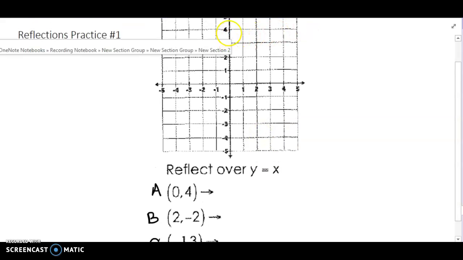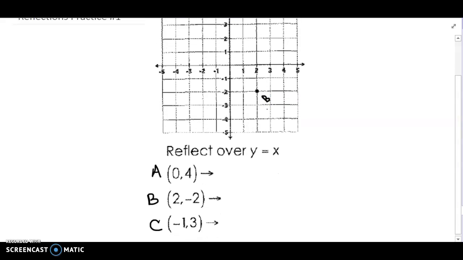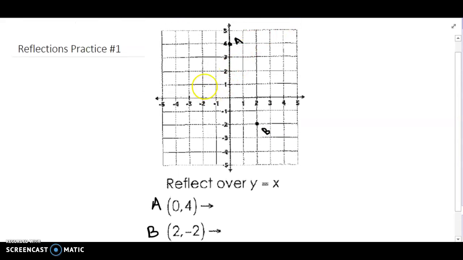A is (0, 4), B is (2, -2), and my C is (-1, 3). Then draw the triangle.